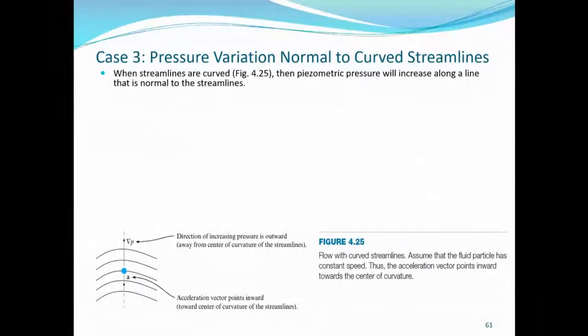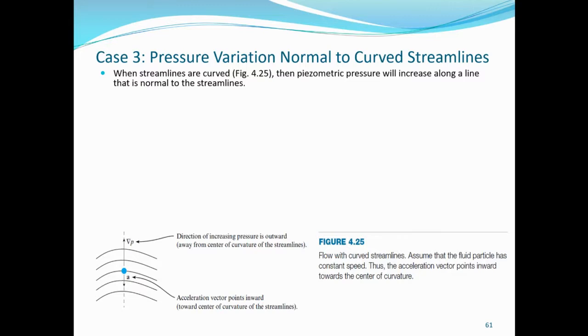We looked at this also where we have a curved streamline. In this case, when streamlines are curved, the piezometric pressure will increase along a line that is normal to the streamline, and away. Because here you have normal acceleration, it is no longer zero. This is the normal acceleration.